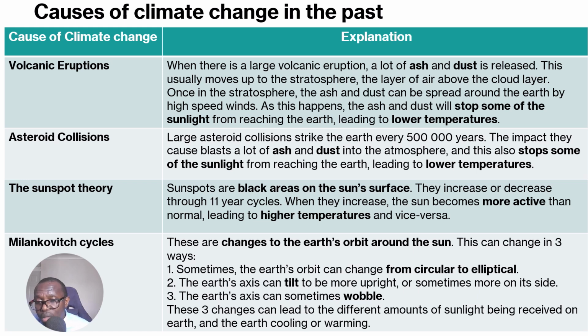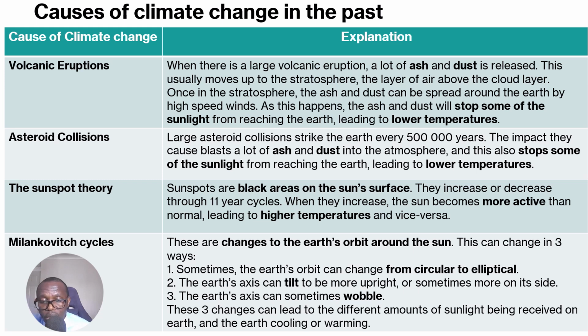Now, obviously, when the Earth's orbit changes from circular to elliptical, then it means that the Earth may be either further away from the sun or closer to the sun. And as a result, we are going to either have a warmer climate or a colder or cooler one.